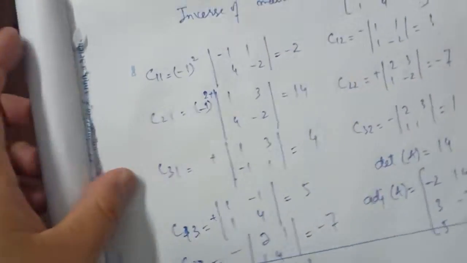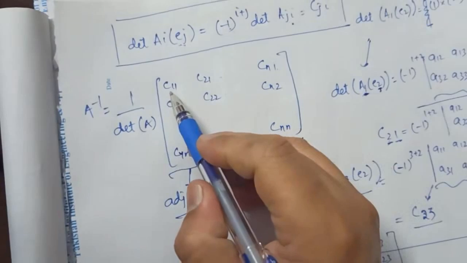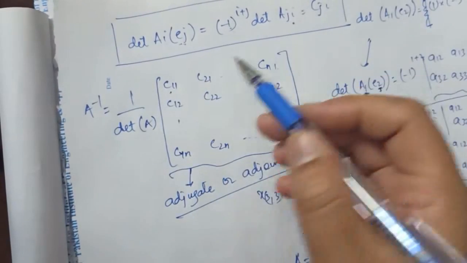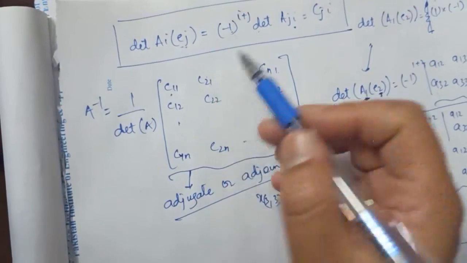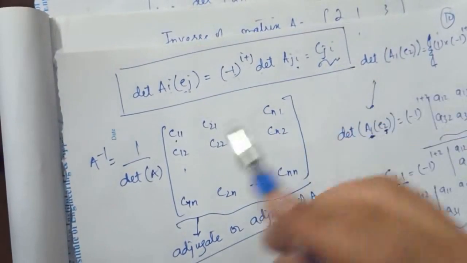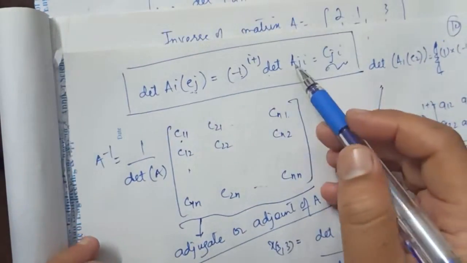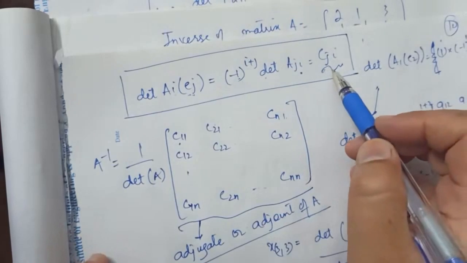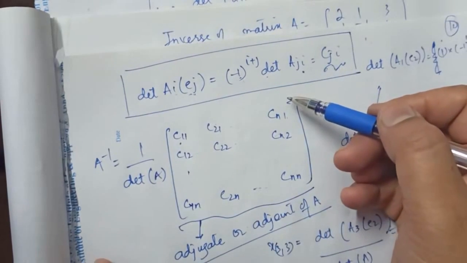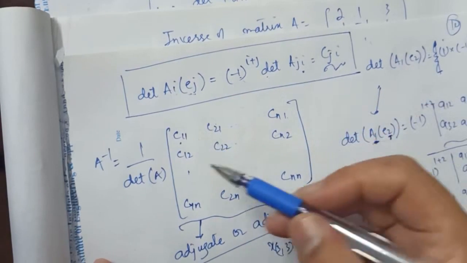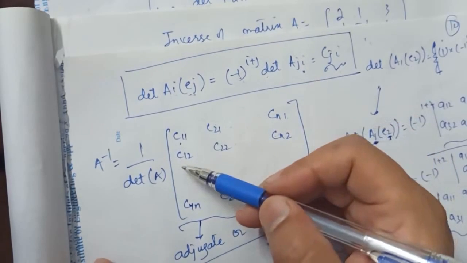Now you can see here, conventionally, if you go to the first row, second column, this entry should be C12. But in the case of the cofactor, as I explained earlier, it has switched positions across the diagonal. So this is the diagonal, and it means these cofactors have switched positions.